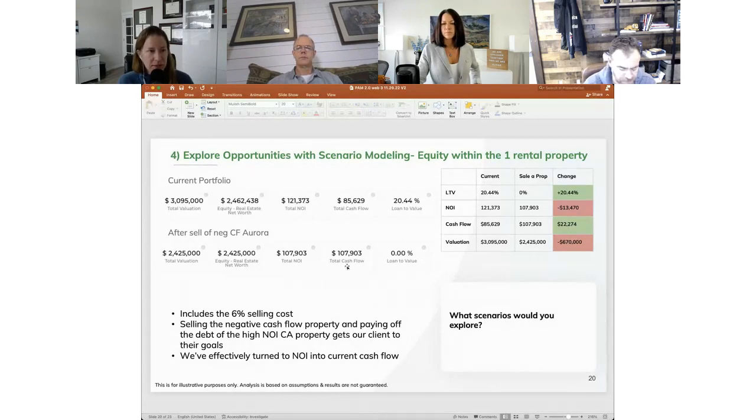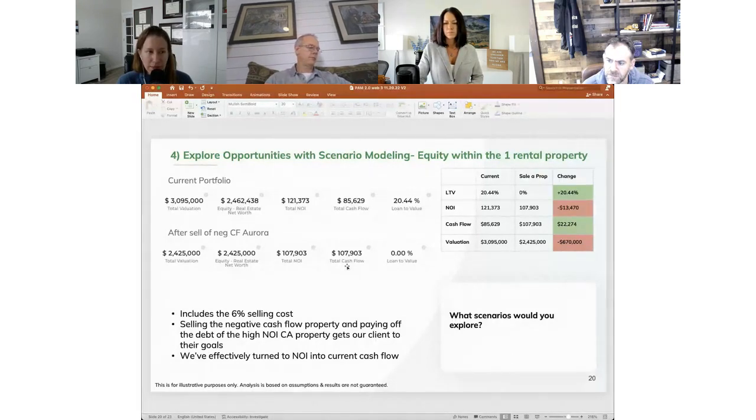I would definitely want to get rid of a low performing property and have fewer properties on the books, because this individual self-manages. So have fewer, better properties in this case. Selling the negative cash flow property and paying off the debt of the high NOI California property gets our clients to their goals.